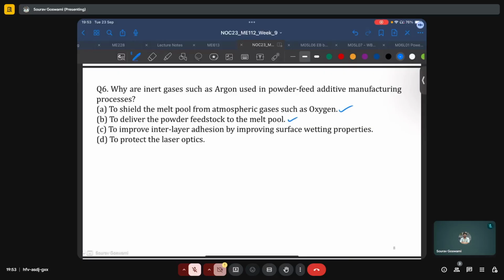Do they improve interlayer adhesion by improving surface wetting properties? This is also something that we read and came across in the slide. And do they protect the laser optics? Yes, they do. We saw an example where a blanket of this inert gas was used to shield the laser optics from any incoming powder particles or fumes. And so here, all the four options are correct.